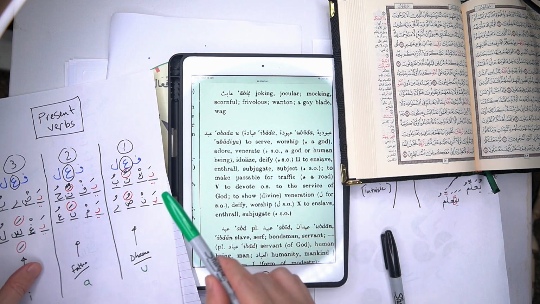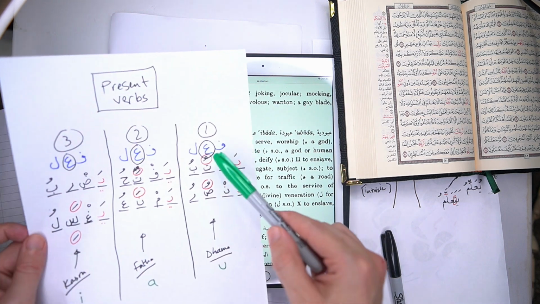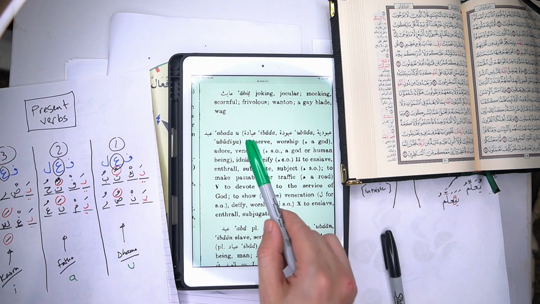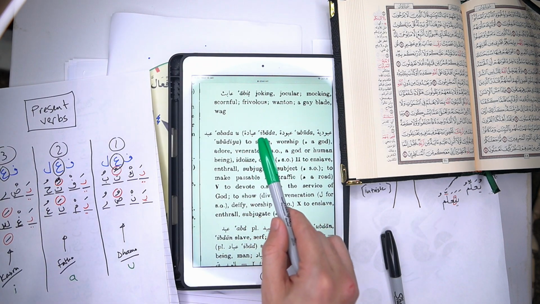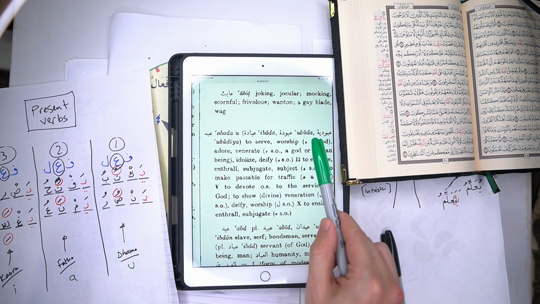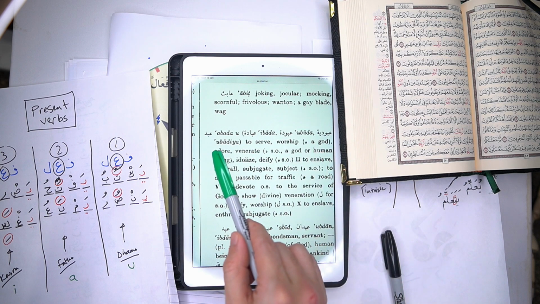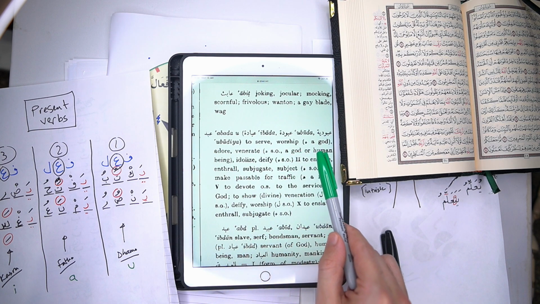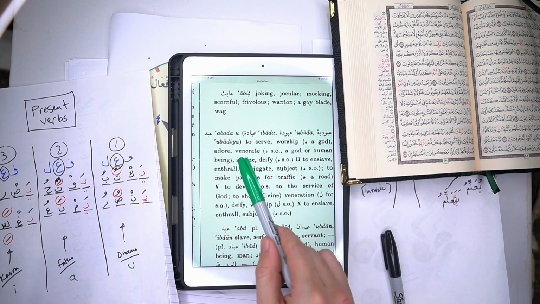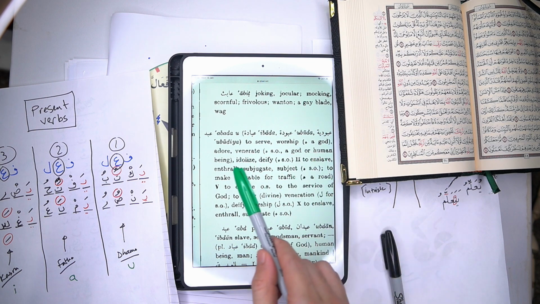So that U means that in the present verb, that letter takes a Dhamma. And the root word of this is Ibada, which means worship, Ubuda, and Ubudiyya. These are the three common root words used to serve worship. And the Hu means Abadahu, a god. So you worship, adore, venerate, all of these kinds of things.